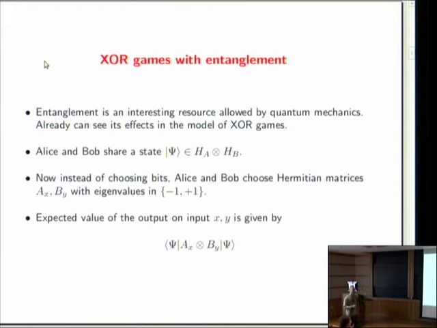So these are really just Hermitian unitary matrices. And now, on input x, y, the expected value of the output, instead of just being the bit a_x times the bit b_y, is going to be this quadratic form.